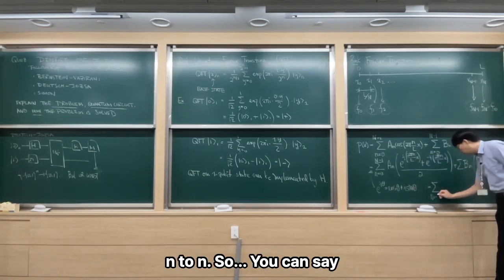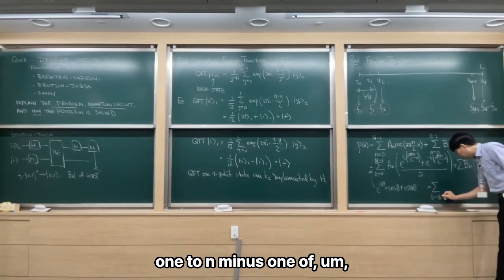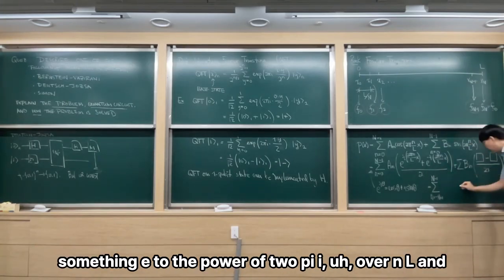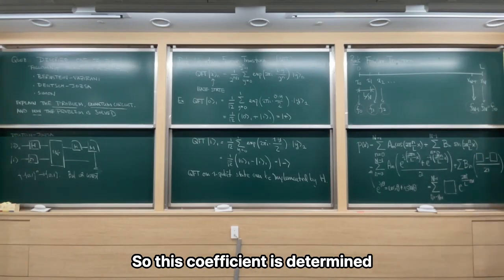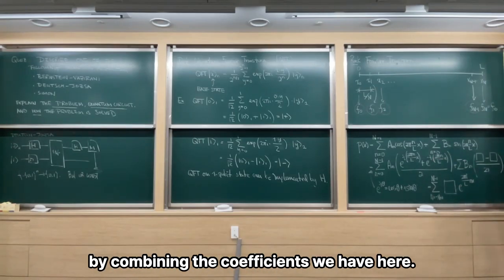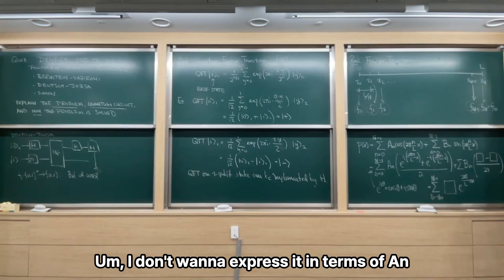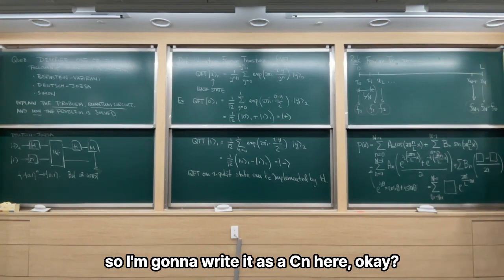So it's the sum from minus n plus 1 to n minus 1 of something times e to the power of 2 pi i over L n x, with some coefficient. This coefficient is determined by combining the coefficients we have here. I don't want to express it in terms of an and bn because it doesn't mean anything, so I'm going to write it as cn.